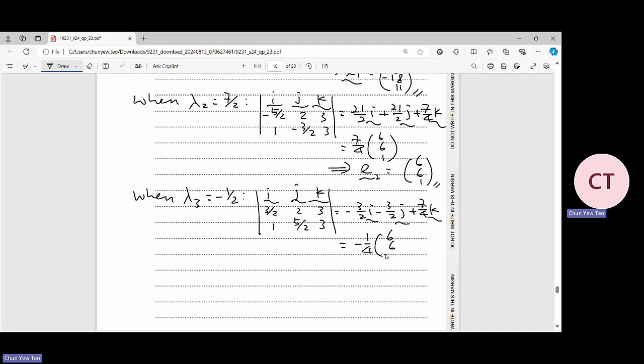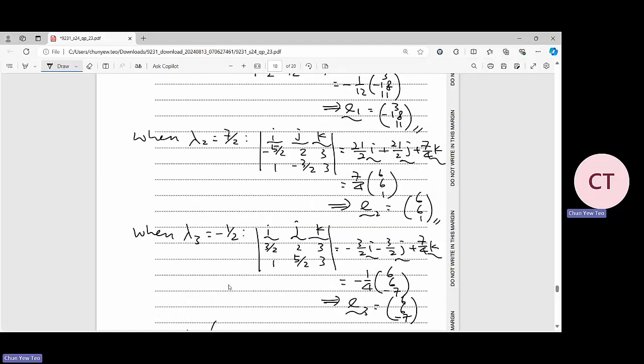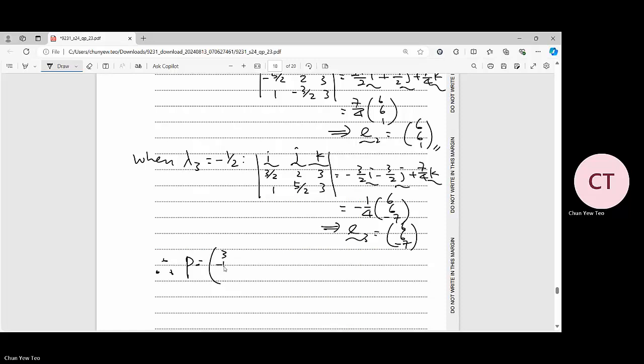I get 6, 6, and negative 7. Okay, so that will be my E3. So therefore, my P will be E1, which just now is 3, negative 18, 11; E2 is 6, 6, 1; E3 is 6, 6, negative 7. So this will be my matrix P.